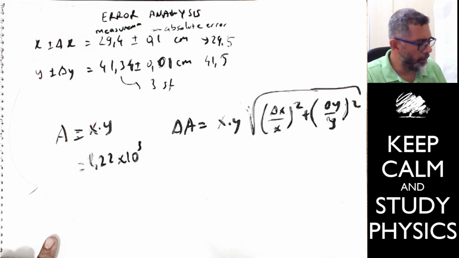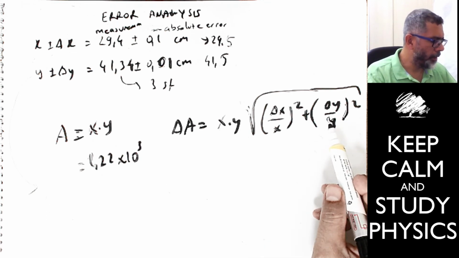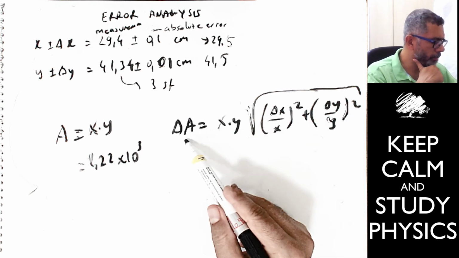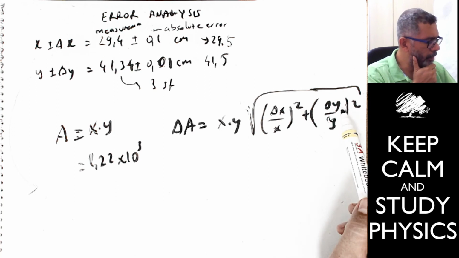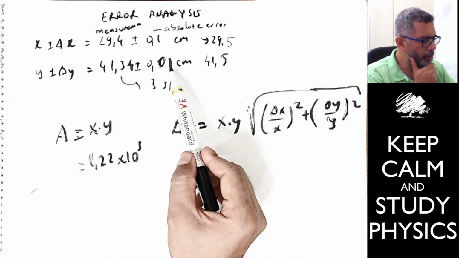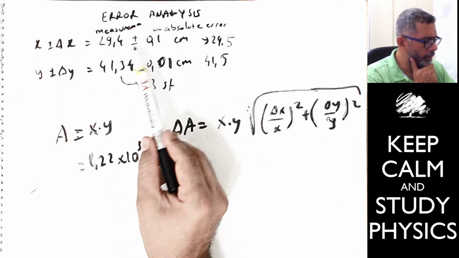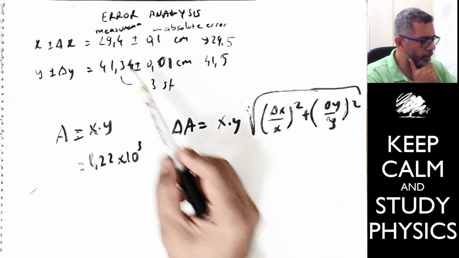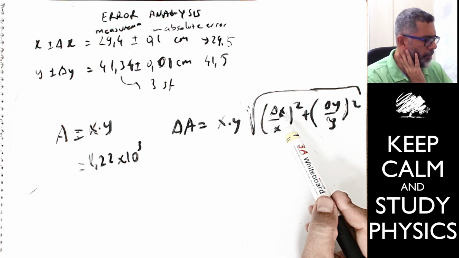All right, so what about this calculation of error? Well, when you look at this relative error delta y over y, where delta y is 0.01, which is 10 times smaller than delta x, and also the y value over here is larger than the x value over here, you will see that this part is going to be much, much smaller than this part.